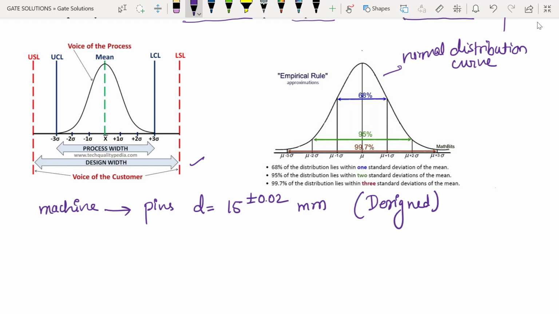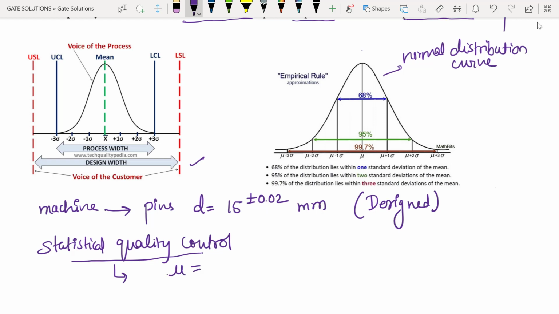Now the statistical quality control test. In this, we observe that the machine is producing pins of diameter with a mean of 14.995 mm and with a standard deviation of 0.004 mm.